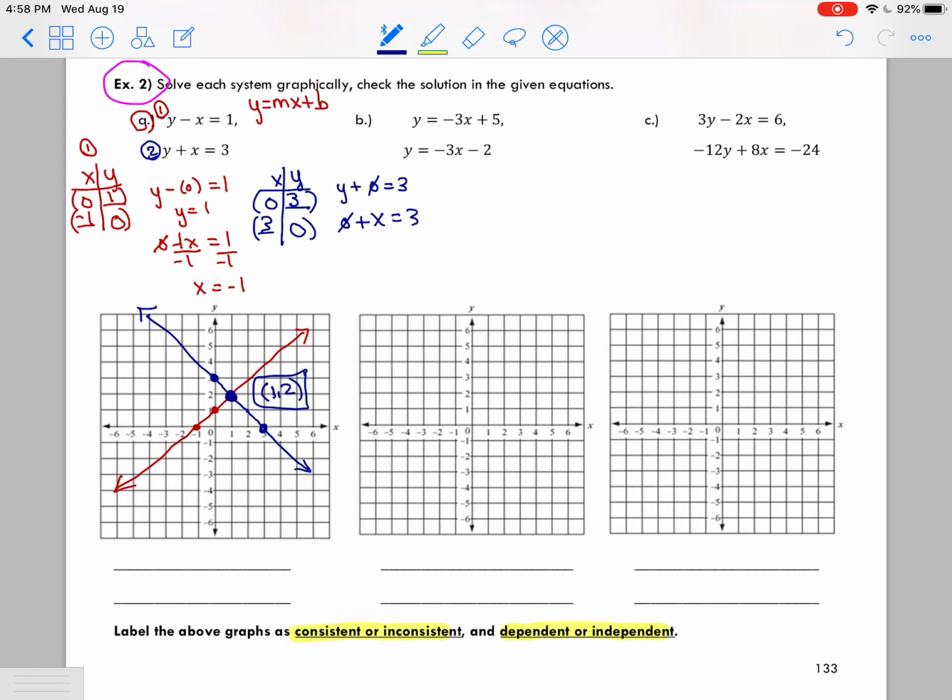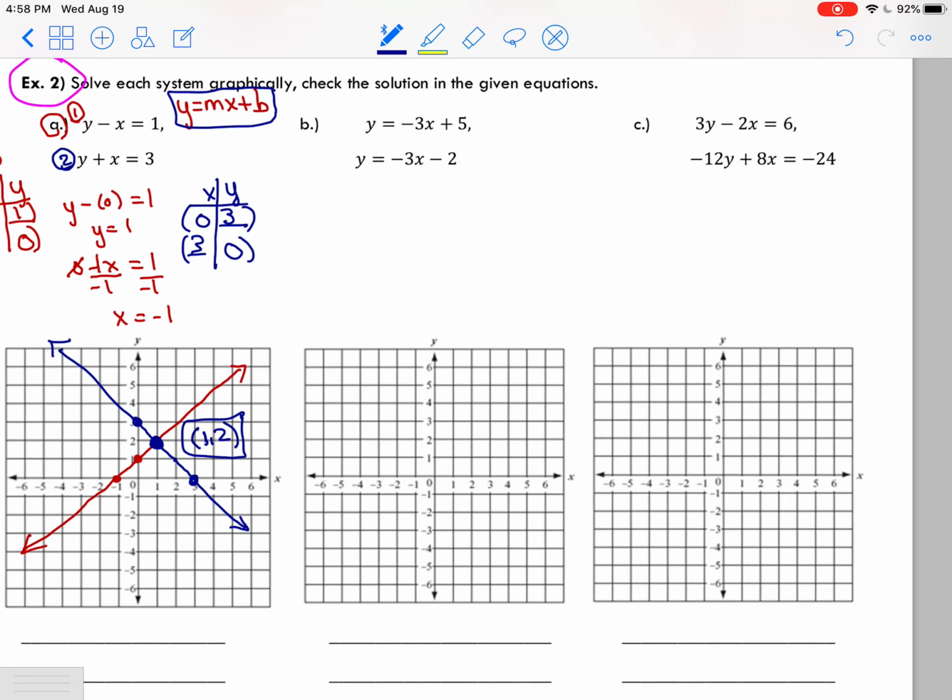All right, I'm going to clean this up just a tinch, give us a little bit of room. Let's go on to B. You notice B is already written in terms of y equals mx plus b. So I'm going to graph these in a little bit different way. I'm not going to use intercepts because my x and my y are on different sides of the equation.